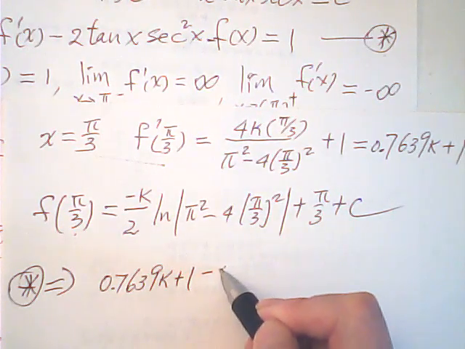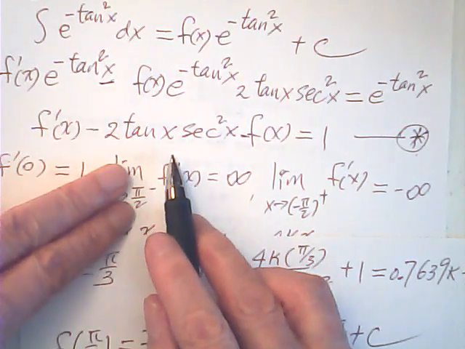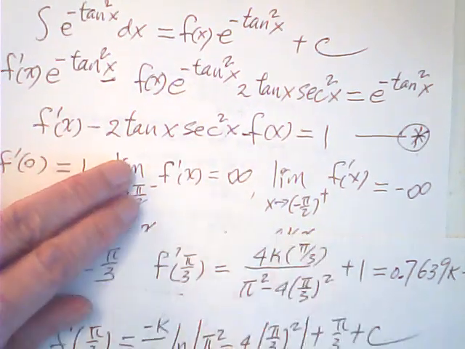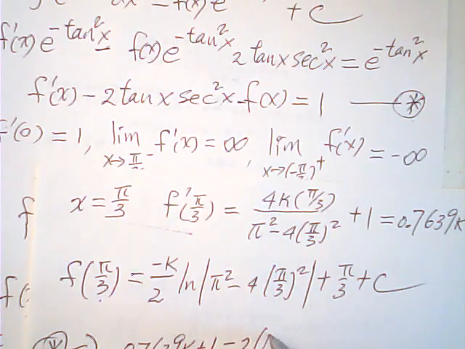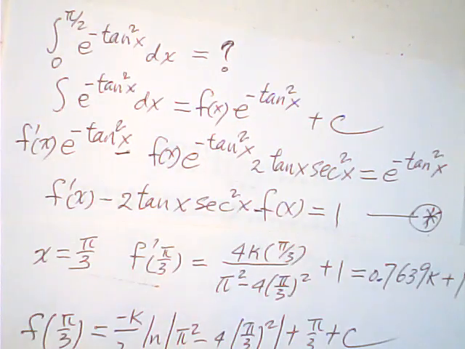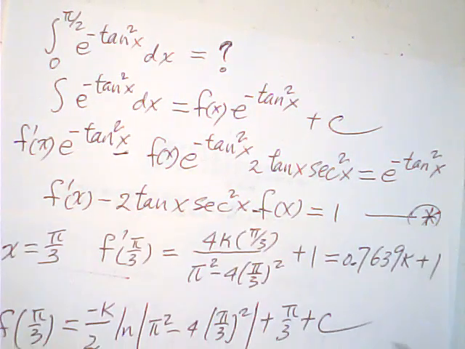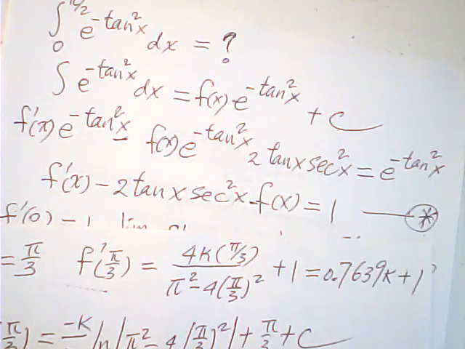minus 2, this is star. Tangent pi over 3 is root 3. Secant square of pi over 3 is 2 square, which is equal to 4 on this one. And times this.